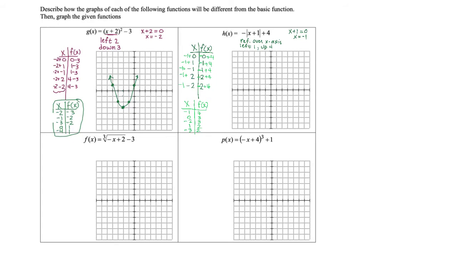Now it's time to plot this. So we have -1, 4, 0, 3, -2, 3, 1, 2, there we go.